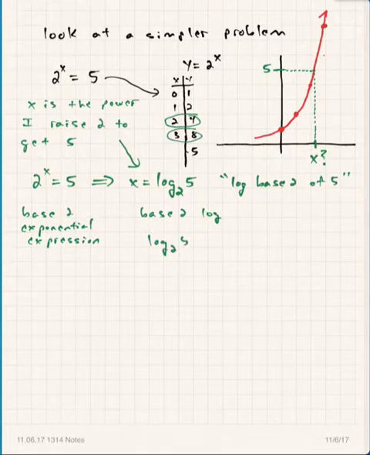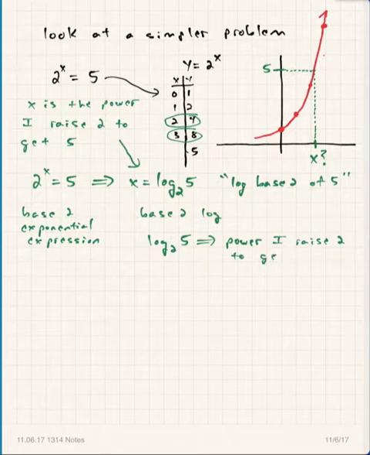So logarithm base 2 of 5 is equal to the power I raise 2 to get 5. Now I know it still doesn't tell us what the number is specifically, but this is going to steer us in the right direction to think about a logarithm this way. So that's what I want to explore first, and then kind of go from there.